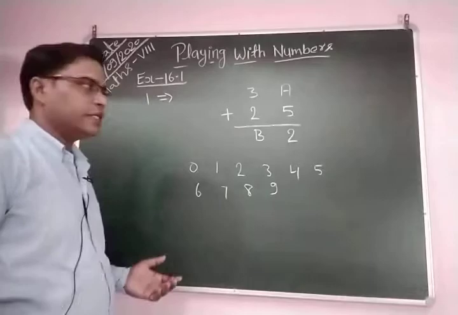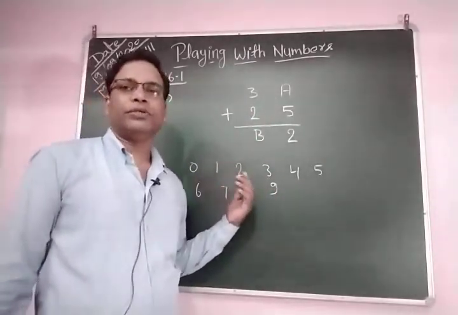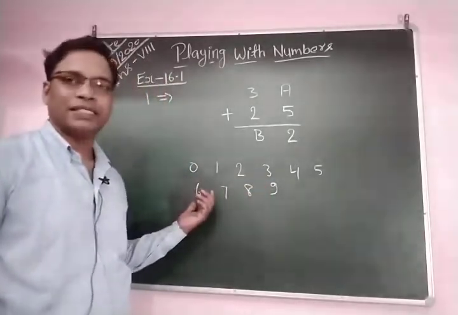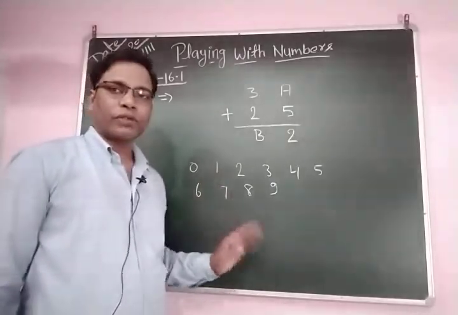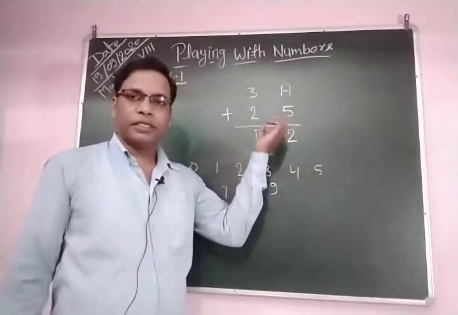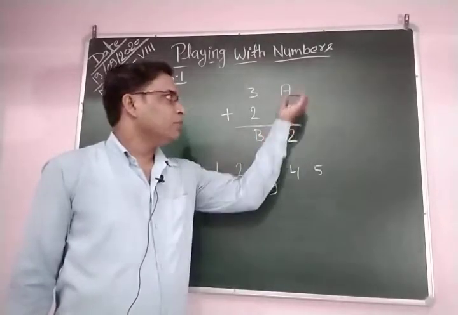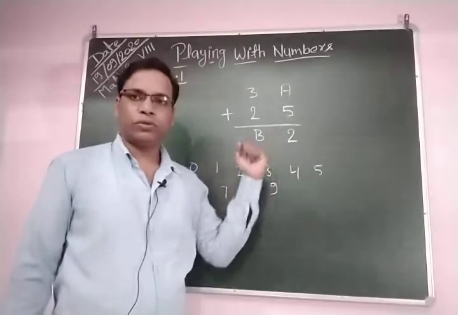These are digits. So the value of a may be 0, 1, 2, 3, 4, 5, 6, 7, 8 or 9. This question tells us that if you add 5 to a, then you obtain 2.